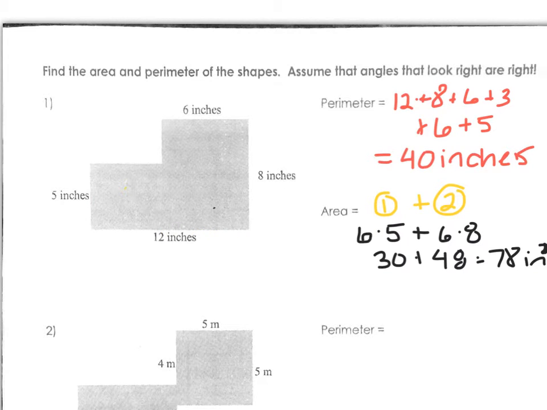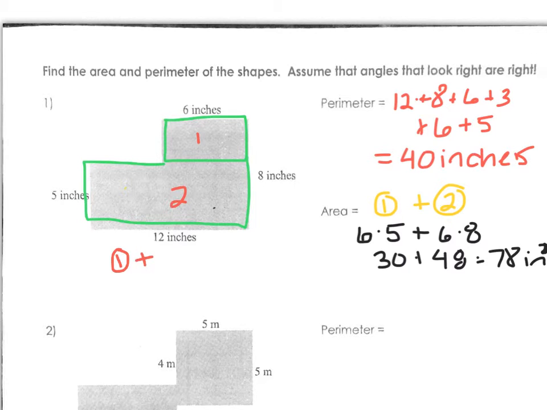So either of these ways is fine if you divided it into this top rectangle and this bottom rectangle. I'll call this rectangle number 1 and rectangle number 2. So doing it this different way, the area would still be rectangle number 1 plus rectangle number 2.